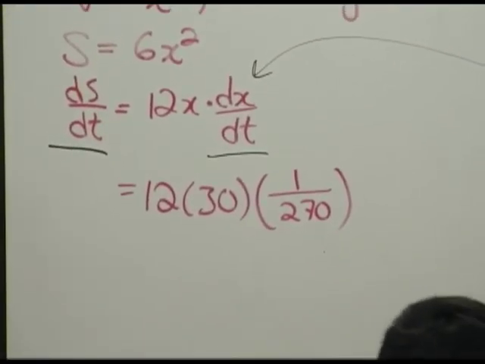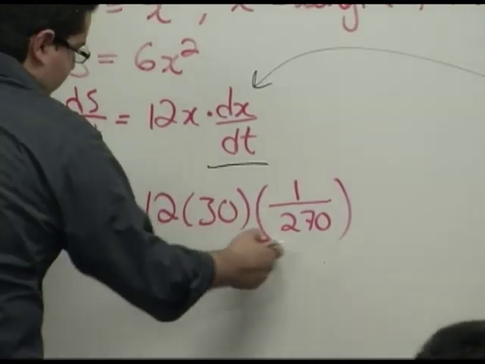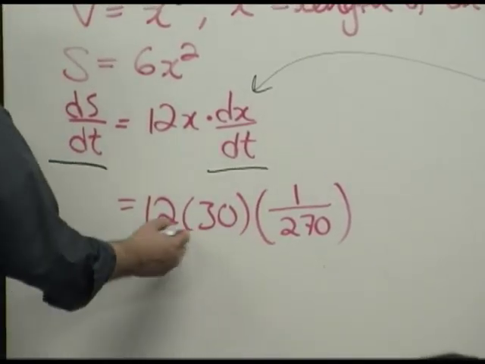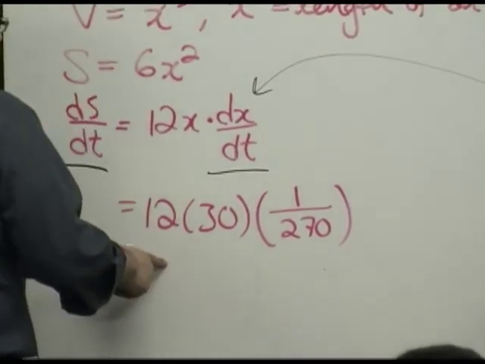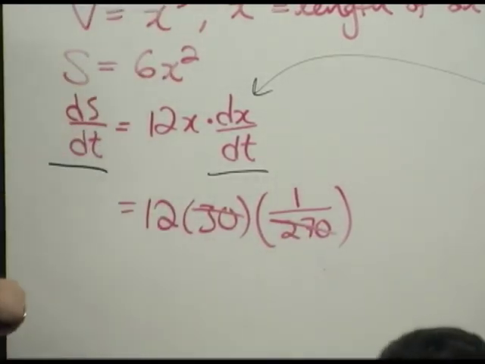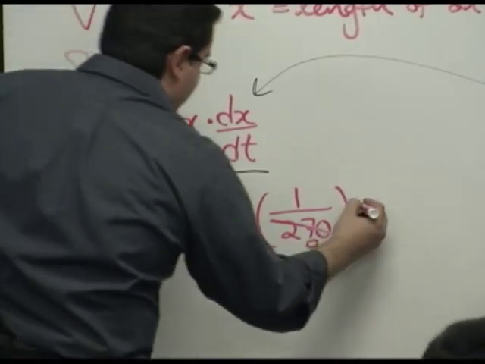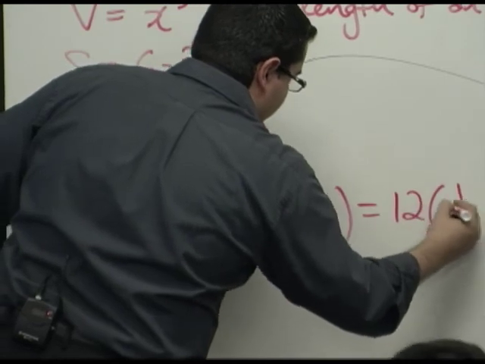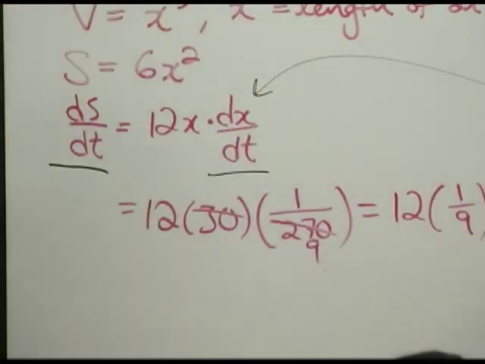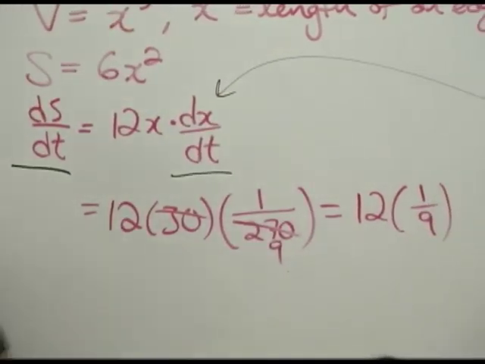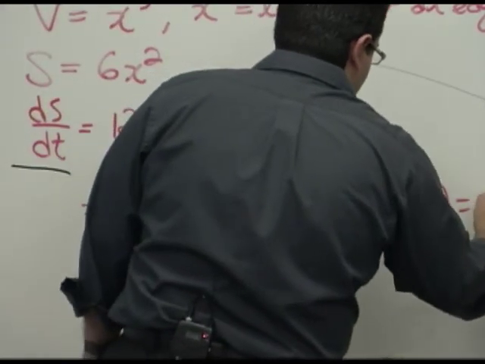Now these have a common factor of 30. So this reduces to 1/9. I'm going to have 12 times 1/9 here. Of course, those have a common factor of 3. So this actually reduces down to 4/3.